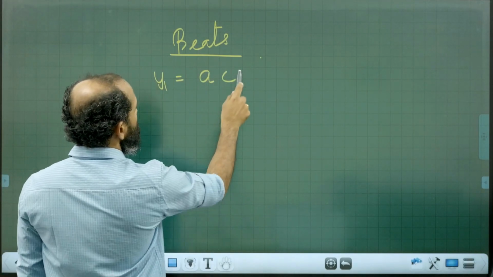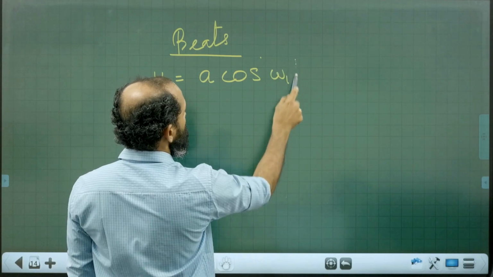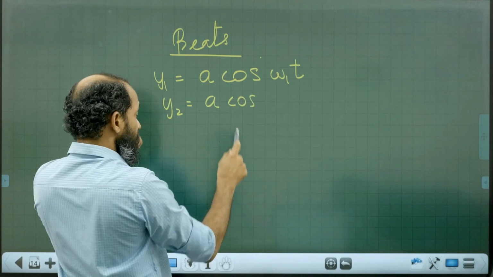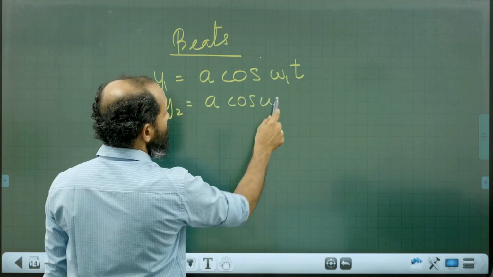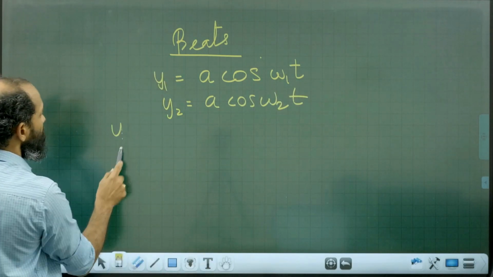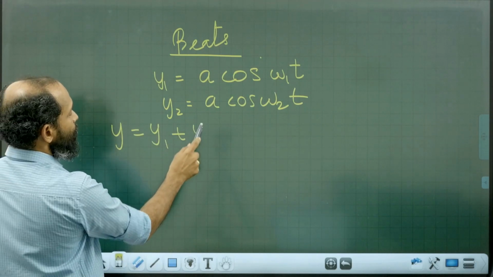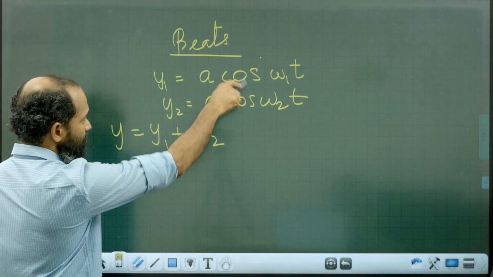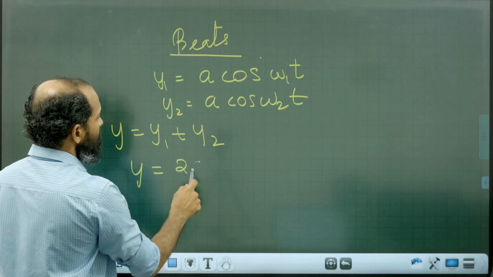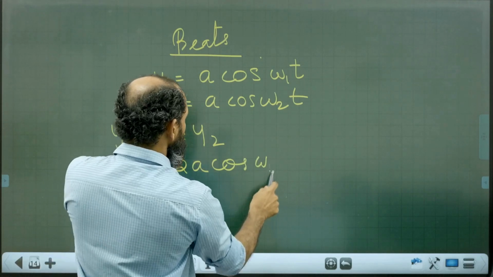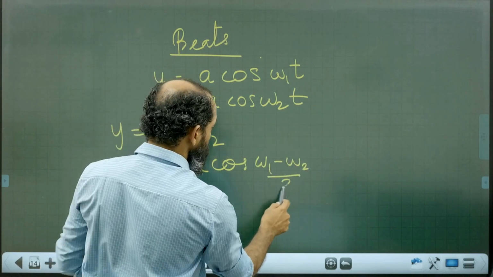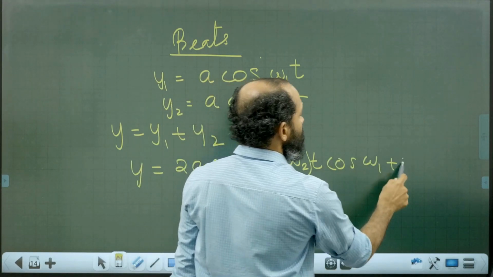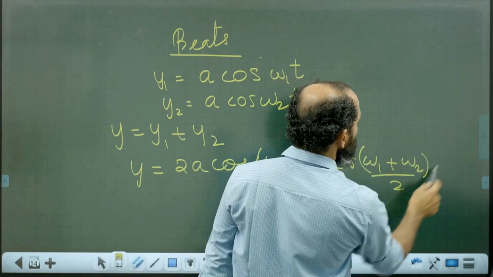Let y1 equal a cos omega 1 t. Next, the displacement of the second wave when it passes through the same medium is y2 equal a cos omega 2 t. By the superposition principle, y equals y1 plus y2, and using trigonometric identities you can solve this to 2a cos of (omega 1 minus omega 2) by 2 t times cos of (omega 1 plus omega 2) by 2 t.